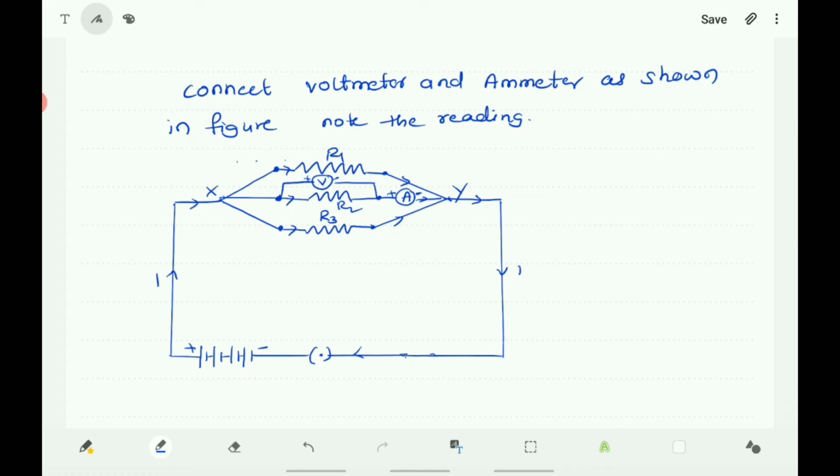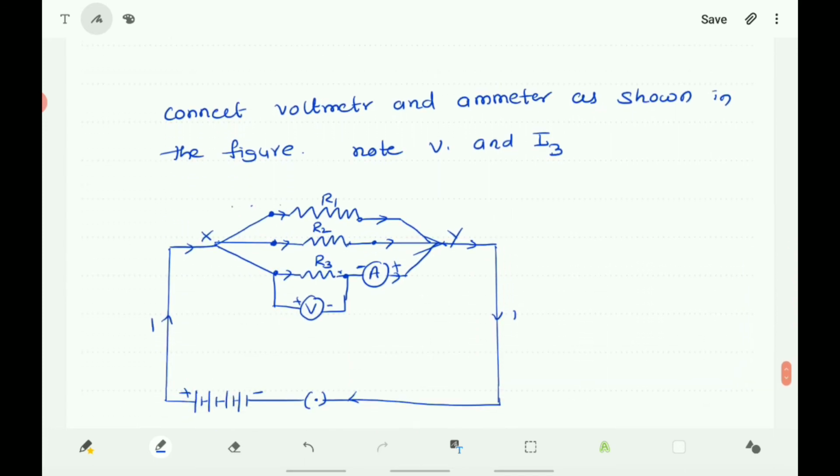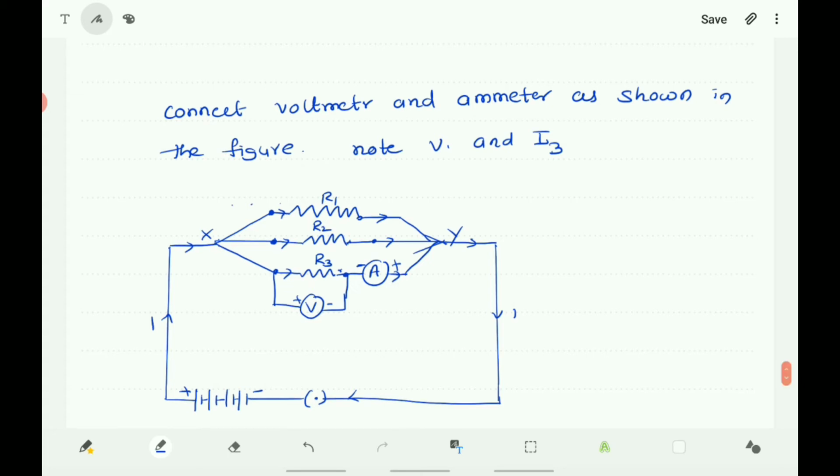Here again you are getting a different current, so let us note it as I2. The current flowing through this circuit is I2 and the potential difference is the same, that is V. So you got the reading I2 from the ammeter and the potential difference from the voltmeter. After recording the reading, again you take out the plug from the key and disconnect the voltmeter and ammeter, and you connect the ammeter in series with the resistor R3 and the voltmeter across R3 as shown in the figure.